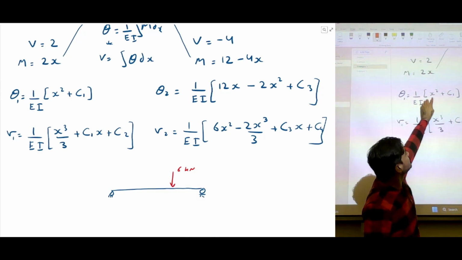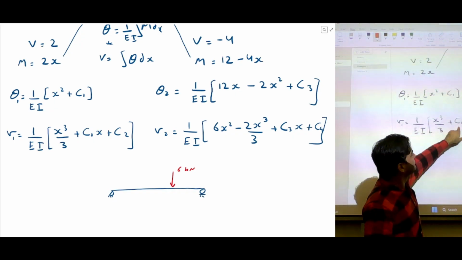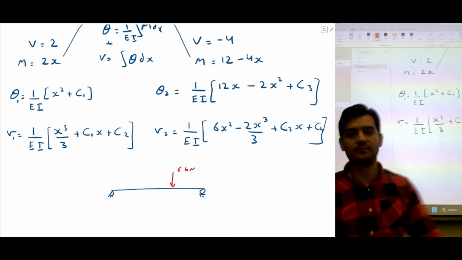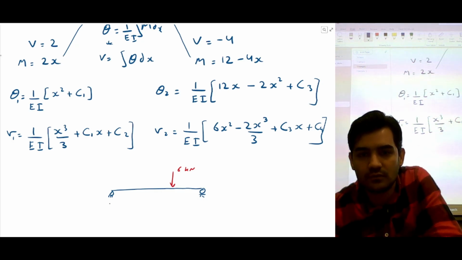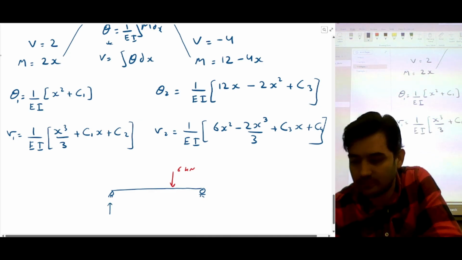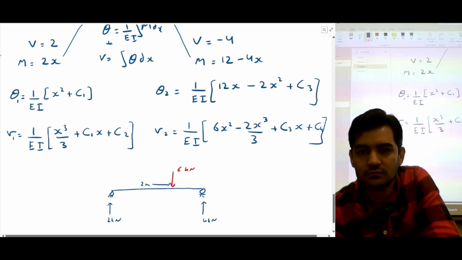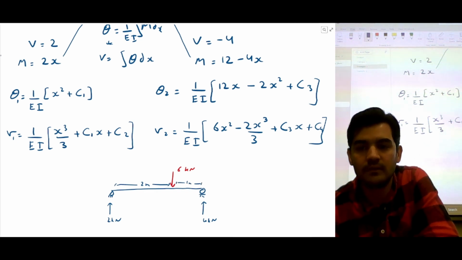If you integrate this, it's x squared, so you get x cubed by 3. You have C1, you get C1x, and then you get another constant. So that's how you do the integration. We have a reaction which is 2 kilonewton, and here we have a reaction which is 4 kilonewton. This distance is 2 meters, this distance is 1 meter.